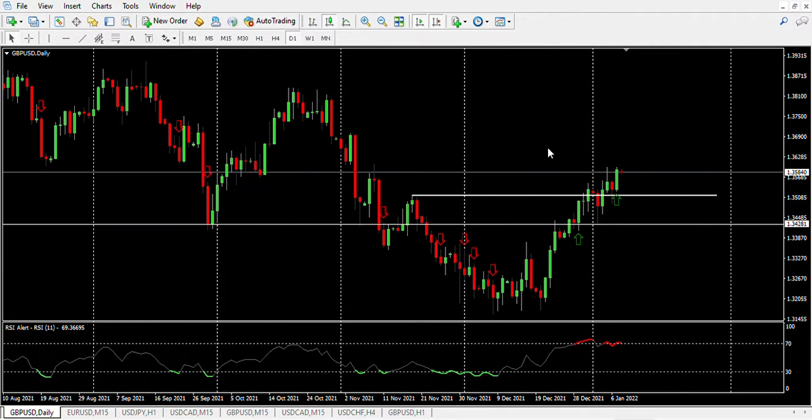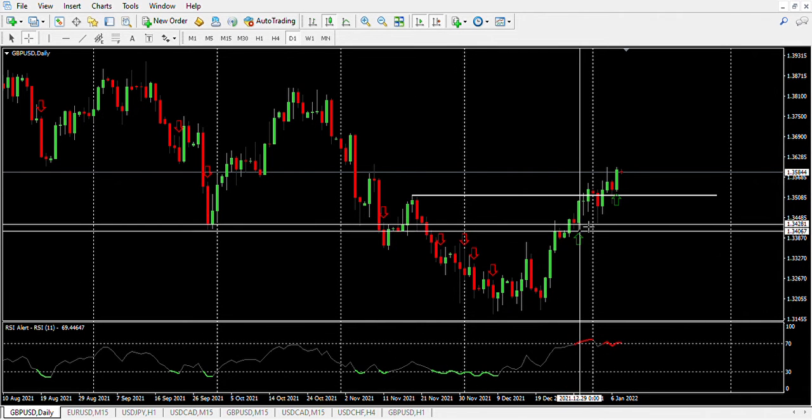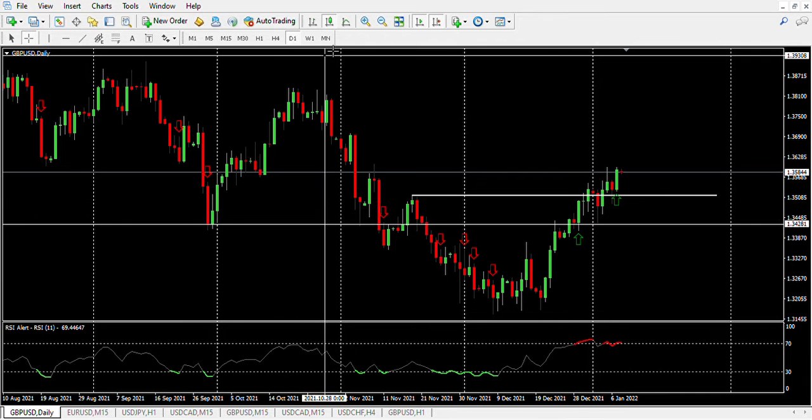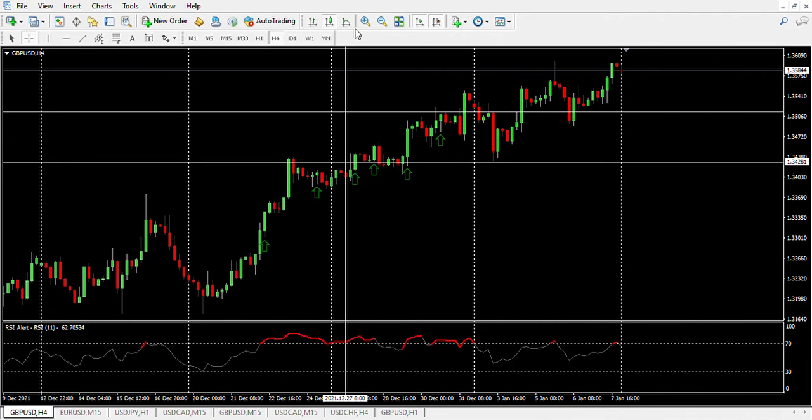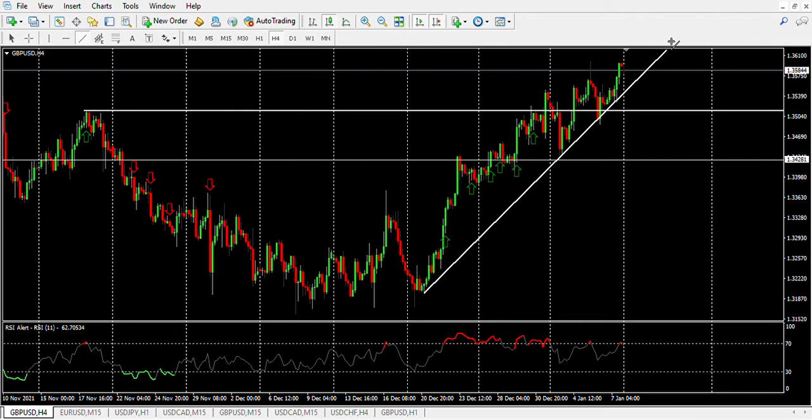What is the RSI telling me? It's overbought. We have 1 hour there, we have 1 hour there. On the 4 hour, we have a couple of arrows. We do not have a red one for sell yet. Am I waiting for a red one for sell? I am seeing basically a trend line, right?